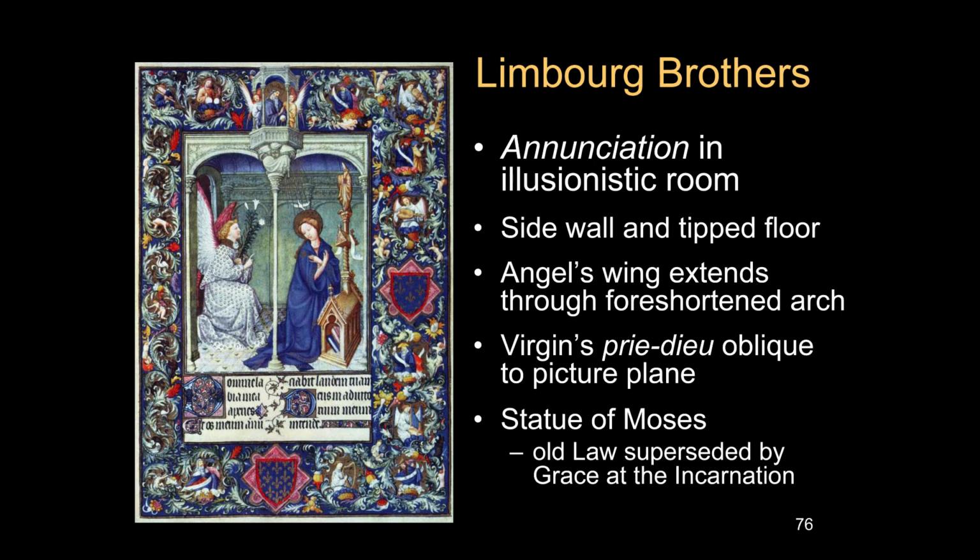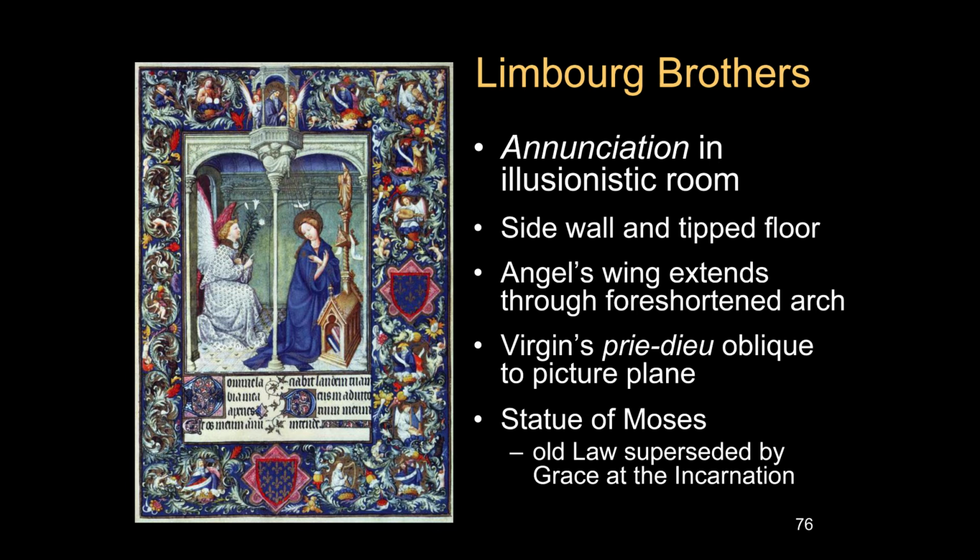And Mary is kneeling at a prie-dieu, which is a kneeling bench. In this case, you have to see there's a receptacle to keep her books, and a very elaborate statue of Moses that rises out of them. You don't usually see that, but it seems to be attached to a little shelf where she can set her book and read, really at eye level.